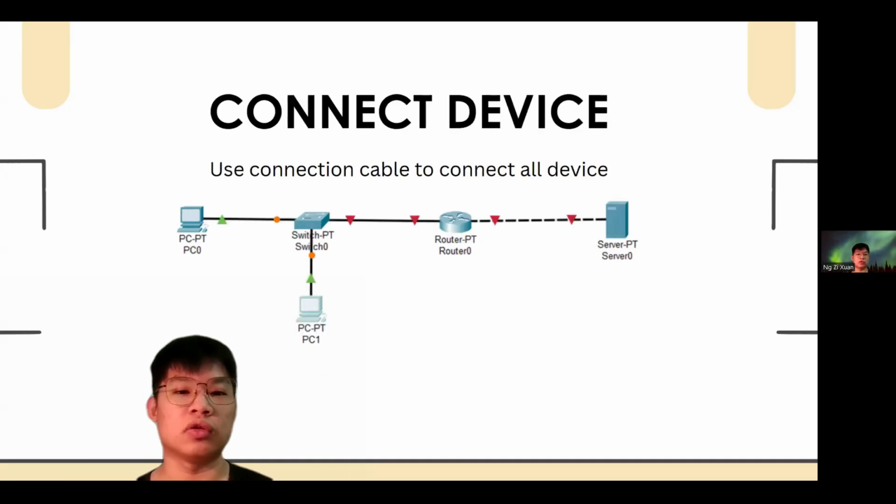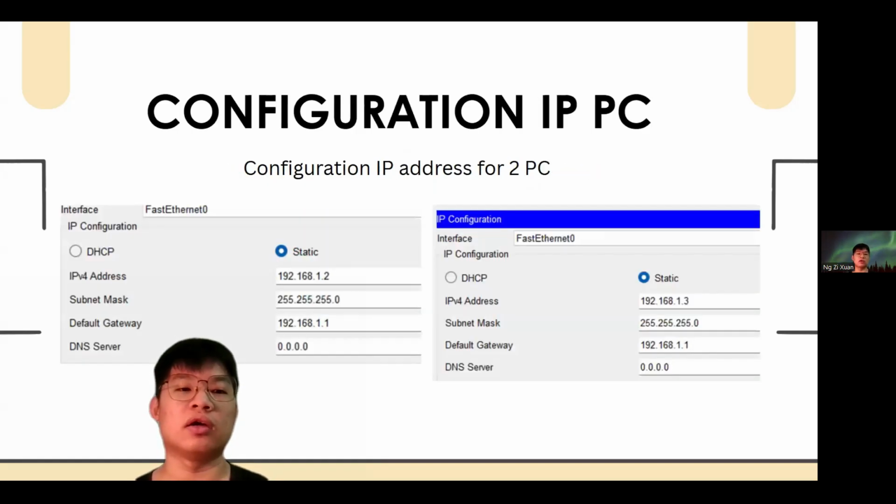Next, we need to put connection cables between all the devices, so later we can set up the IP. First, we need to set up the IP addresses of the two personal computers.